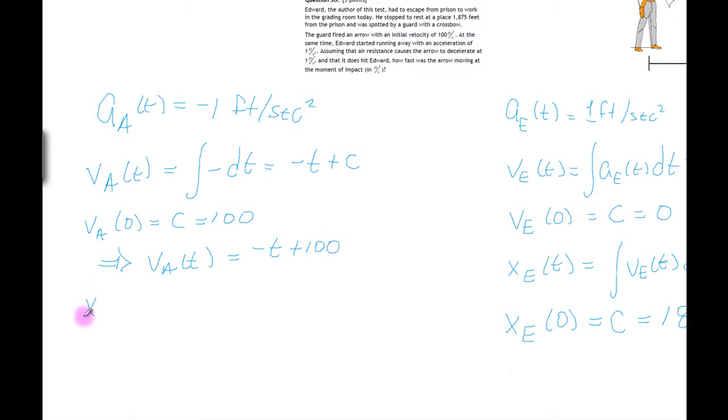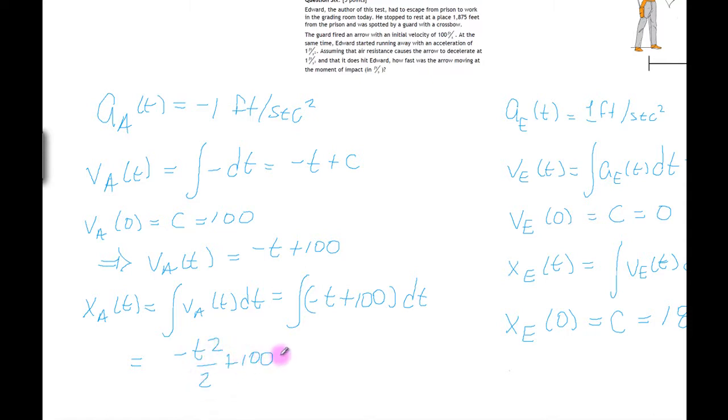Now to find the position of the arrow, we need to integrate the velocity, which is just the integral of minus t plus 100 dt, which is minus t squared over 2 plus 100t plus a constant.